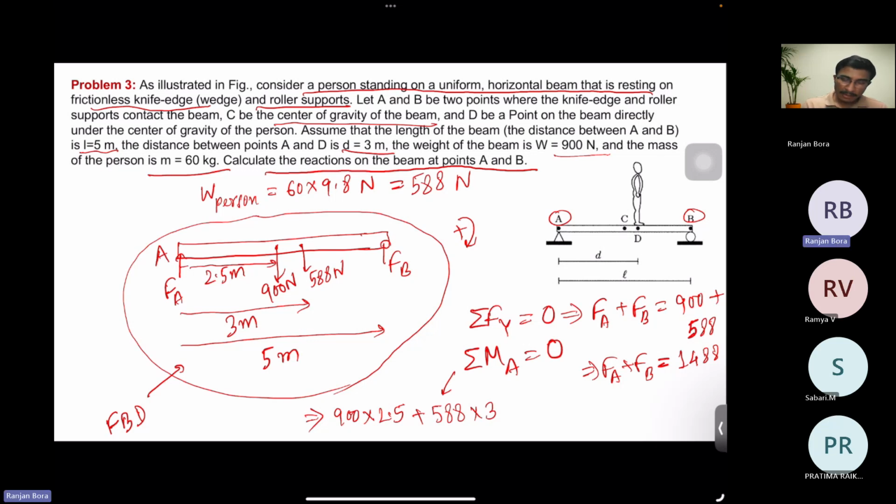FB is acting in the anticlockwise direction, so it will be minus FB multiplied by 5 equal to 0. So if we solve this, then we'll get FB. FB will be how much?